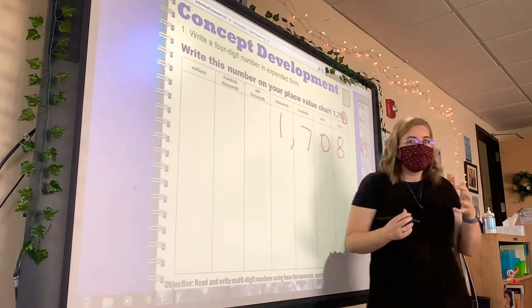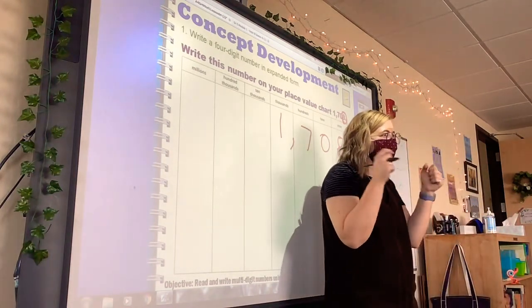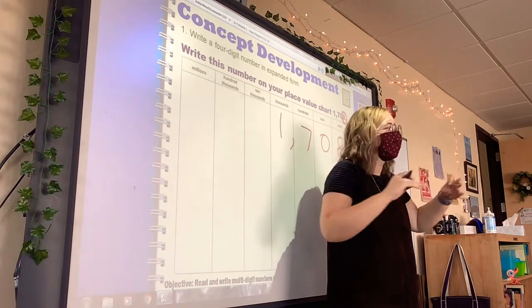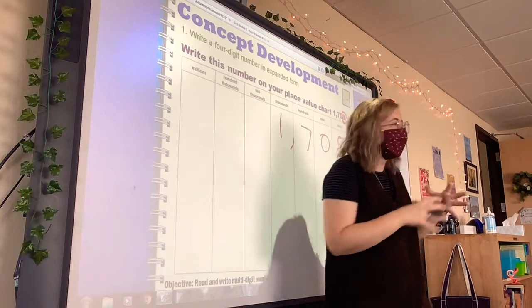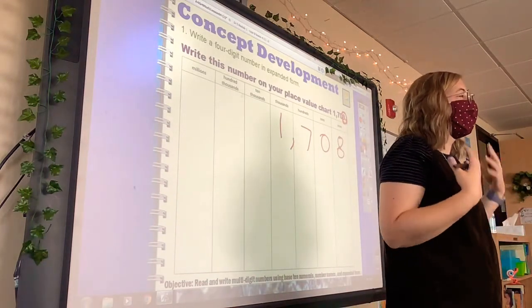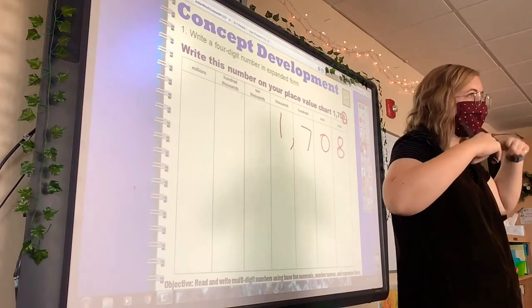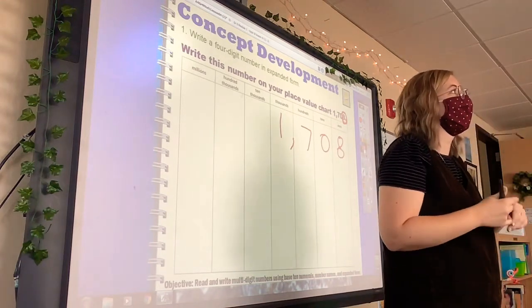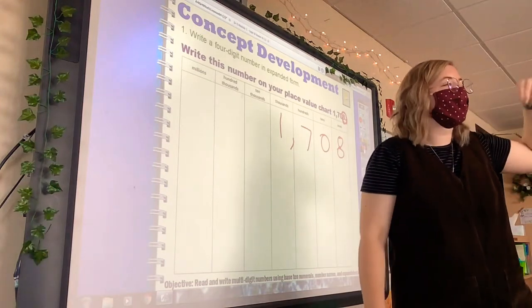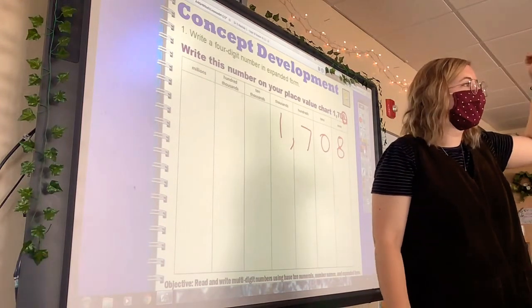All right. So then it says write a 4-digit number in expanded form. So check it out. When you hear the word expanded, don't say anything out loud, but I want you to think about what you think about when you hear the word expanded. I'm kind of already doing it with my hands, just a habit at this point. When I snap my fingers, tell your group what you think about when you hear the word expanded. Ready?